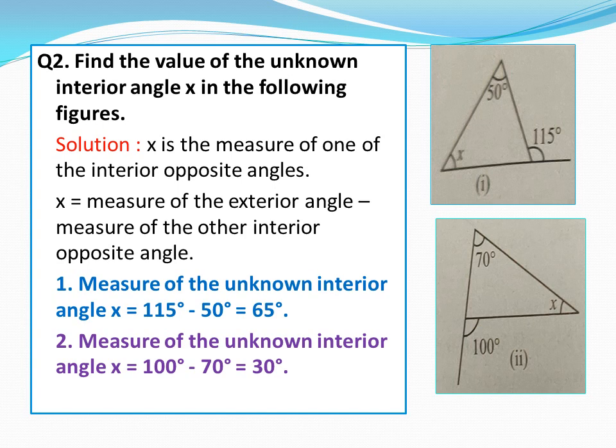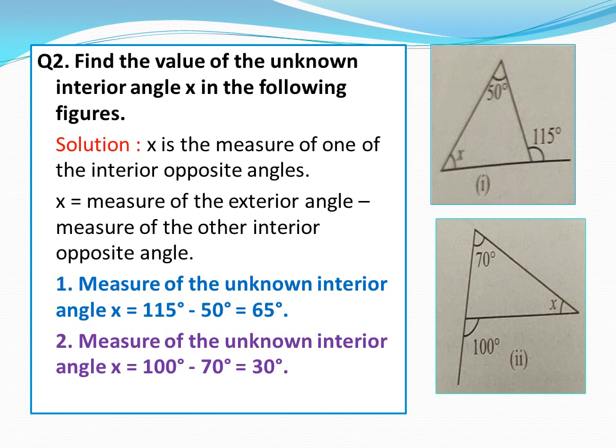Okay, let us see question number 1. Measure of the unknown interior angle x. In the first diagram, children, all of you have a look at the screen and see what the exterior angle value is. The exterior angle measure is given as 115 degrees.